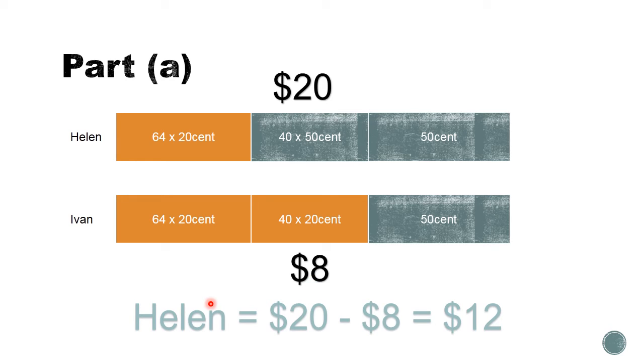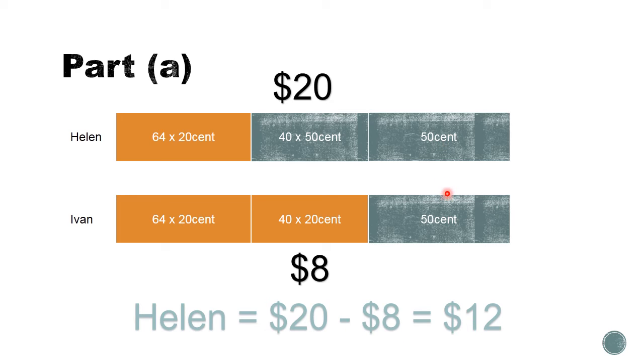So basically, Helen will have more money, because Helen has more 50-cent coins than Ivan. So how much more money did Helen have? Of course, we can take this portion, subtract this portion, and we will get 12, because 20 subtract 8 is 12.